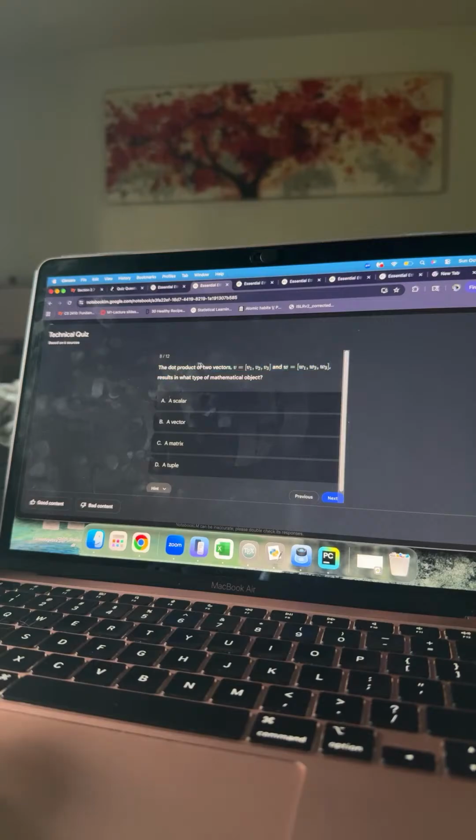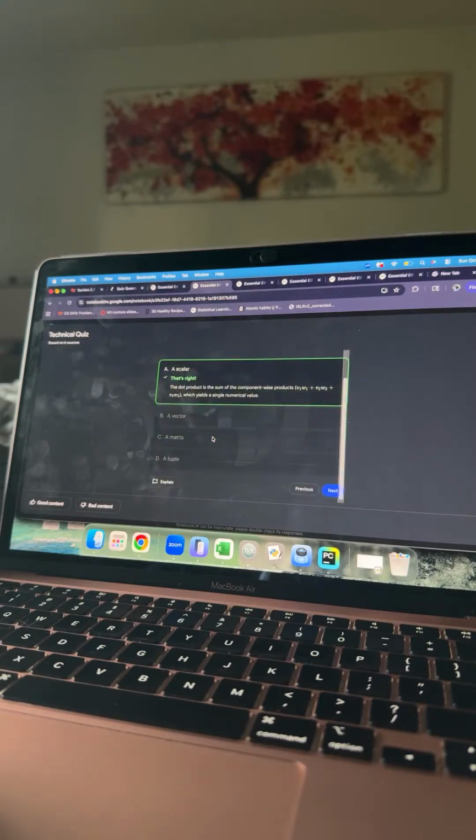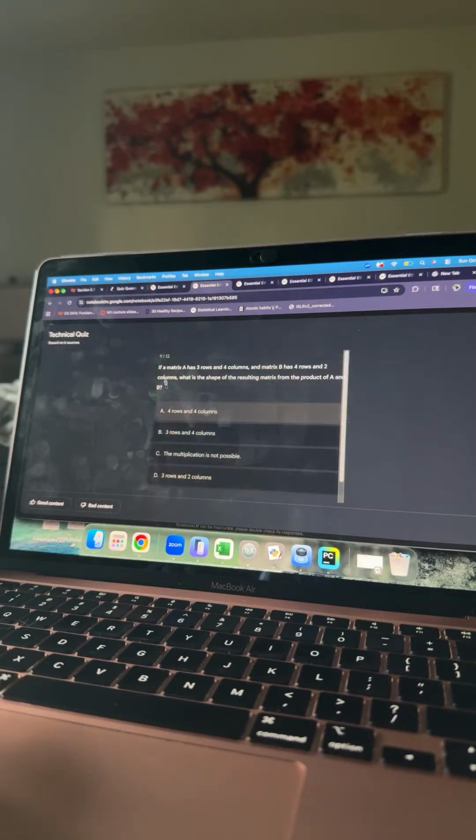The dot product of two vectors results in what type of mathematical object? A scalar. A scalar, yes. If a matrix A has 3 rows and 4 columns, and matrix B has 4 rows and 2 columns, what is the shape of the resulting matrix from the product of A and B?